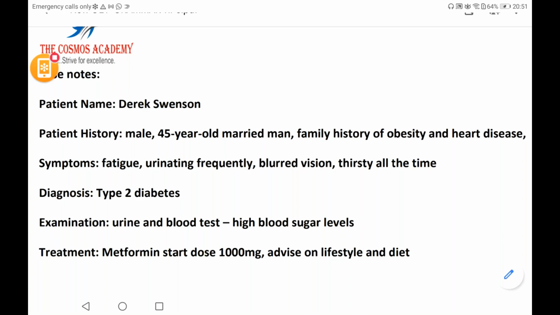As we don't use the word history of, keep this in mind.